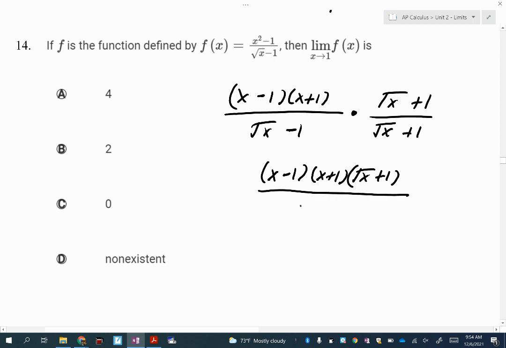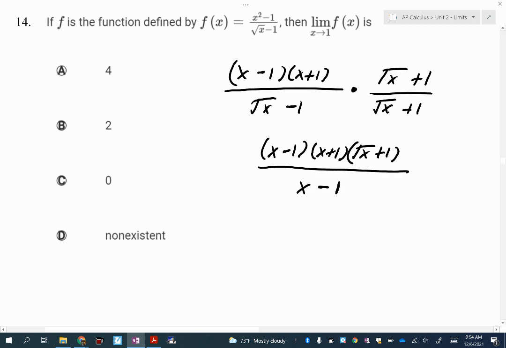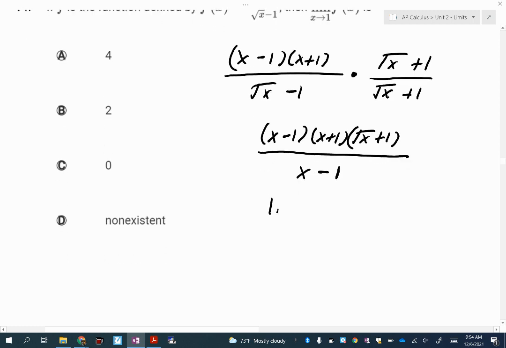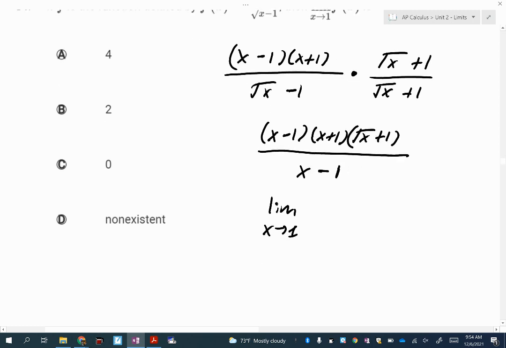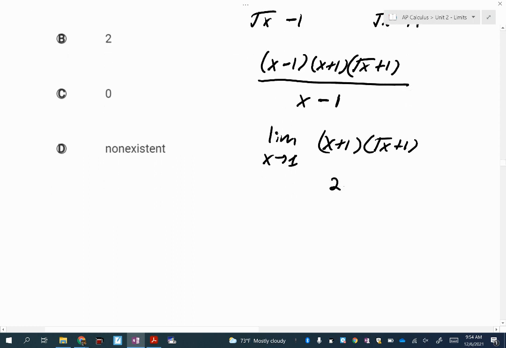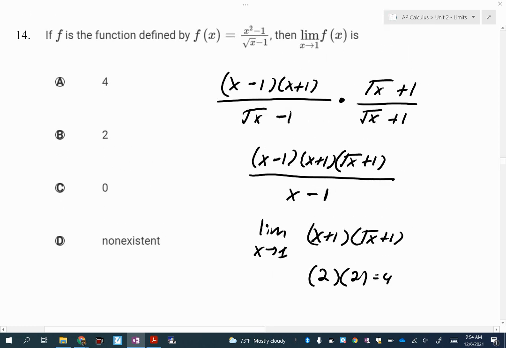And my denominator becomes x minus 1. Right, you'll notice I can have a common factor to cross out. So now I have the limit as x approaches 1 of x plus 1 times the square root of x plus 1. Now you can plug in your number and you get 2 times square root of 1 is 1 plus 1 is also 2, and you get 4, which is A.